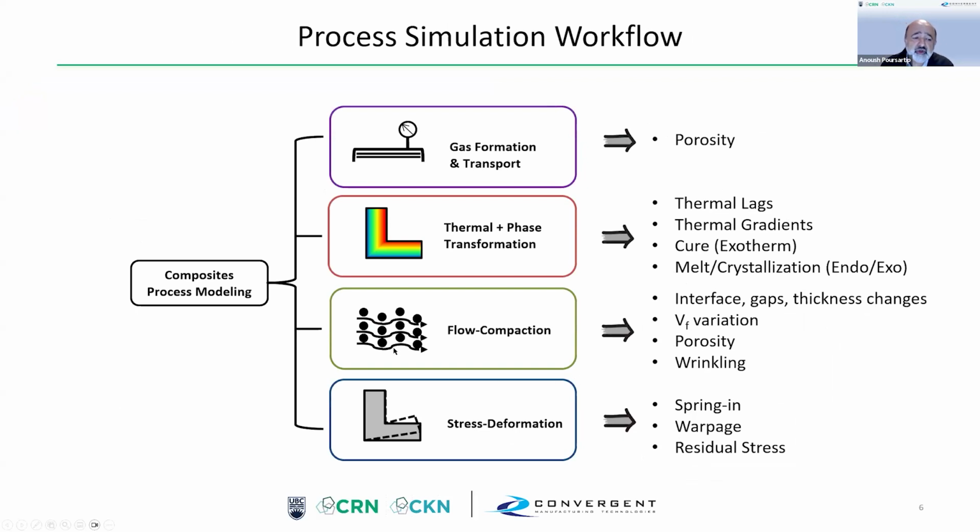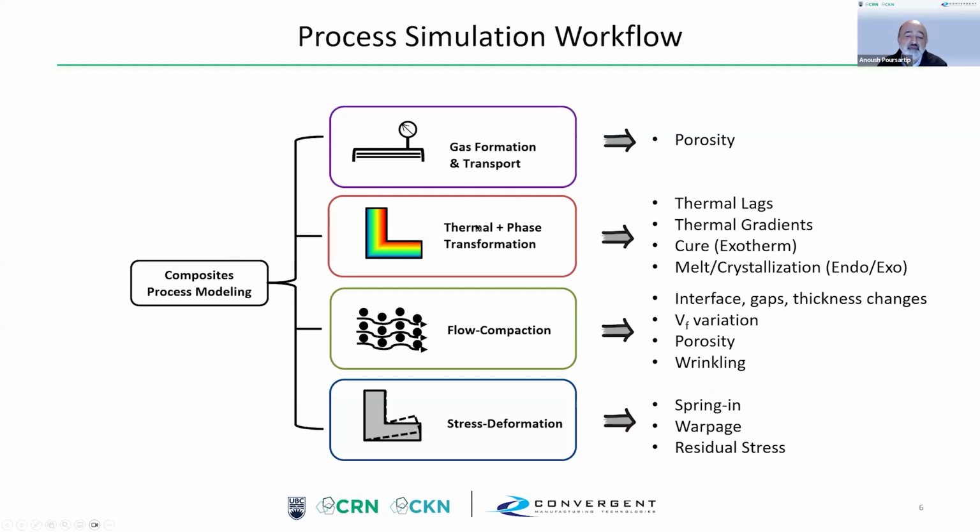So a typical workflow, which applies to both thermosets and thermoplastics, is that you basically walk through the factory and model the whole thing. The first one really doesn't apply to thermoplastics, but it's basically the debulking step in the thermoset process.